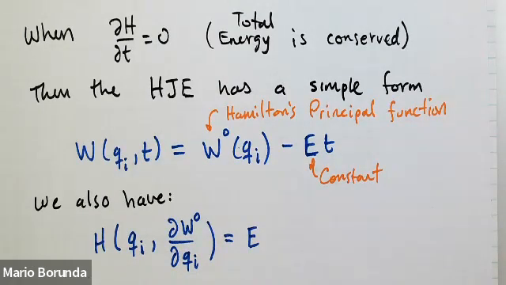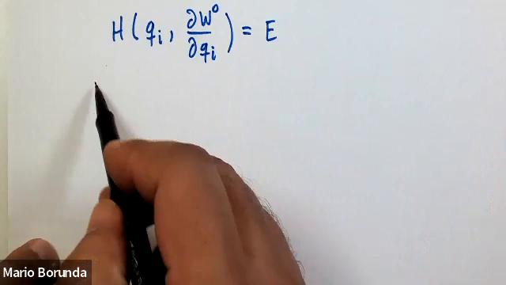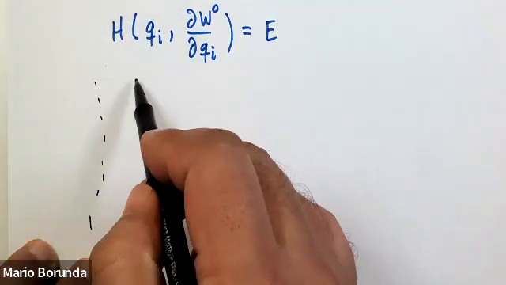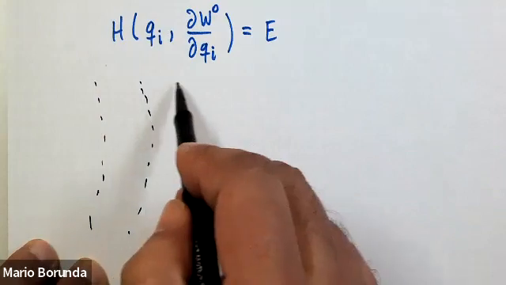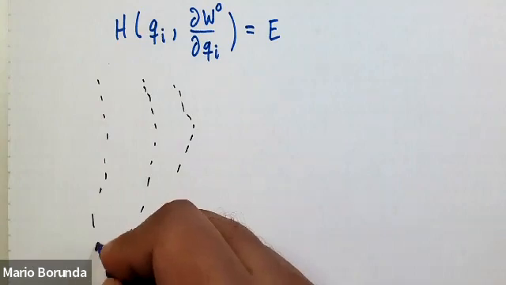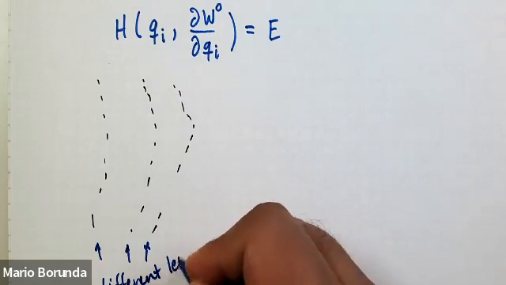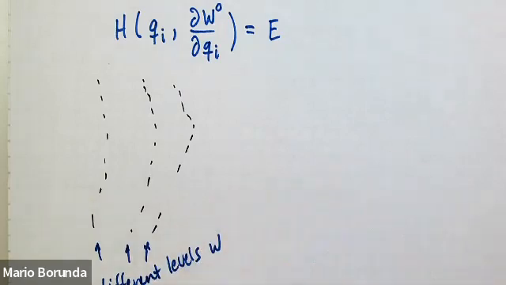So you can think of having a system that actually has planes going around like this, and you have that these are different levels of W. Each of them is there as a different level of it.